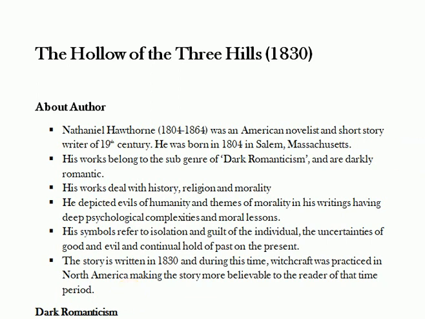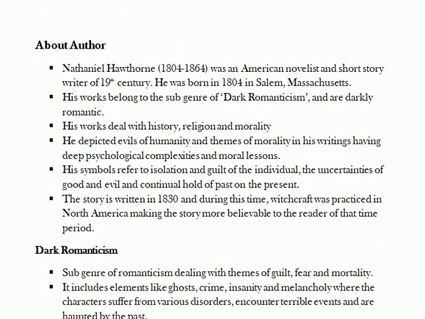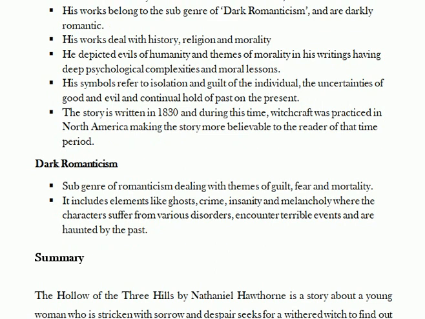Hence, getting to know that witchcraft was something which was established and practiced in North America during the time period when the story was written creates more significance for us when we read the story. Dark romanticism was the subgenre of the present story, and what does dark romanticism deal with?